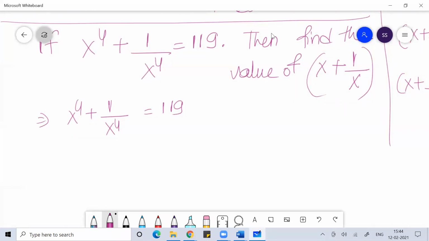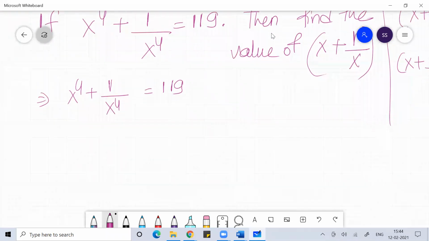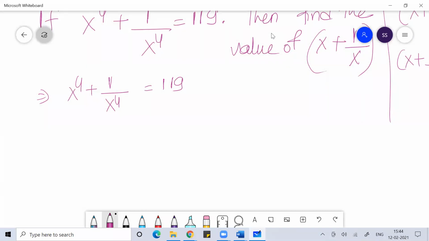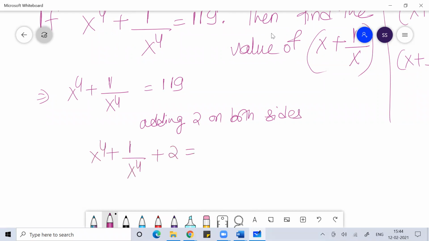So you know this. Now what I can do, guys, is add 2 on both sides. If I add 2 on both sides, then x to the power 4 plus 1 by x to the power 4 plus 2 is equal to 119 plus 2.